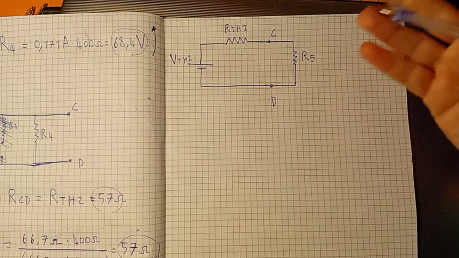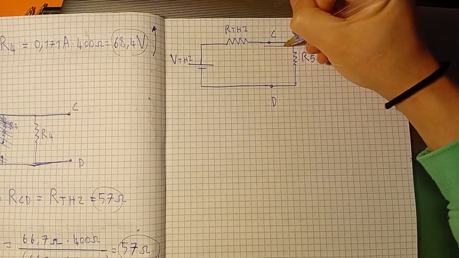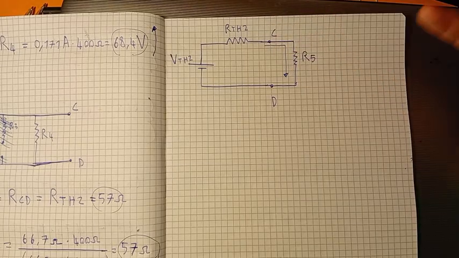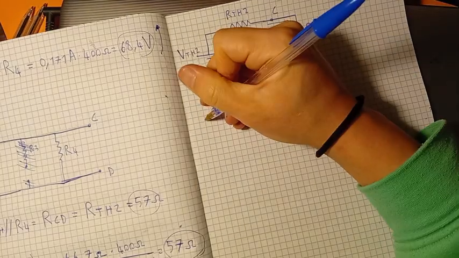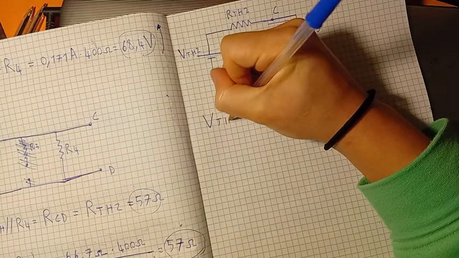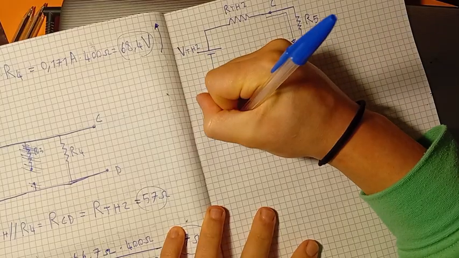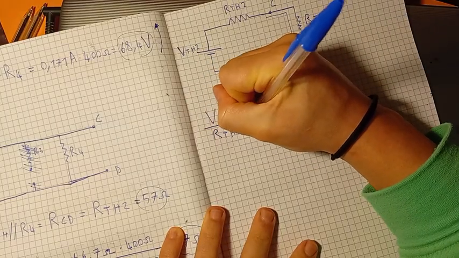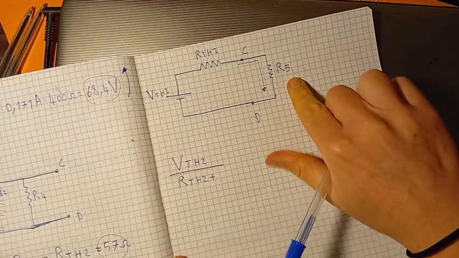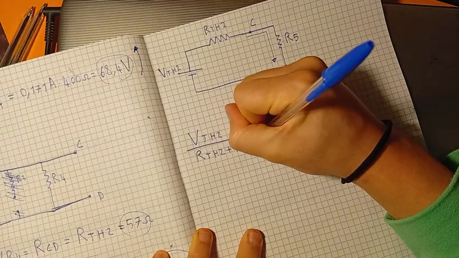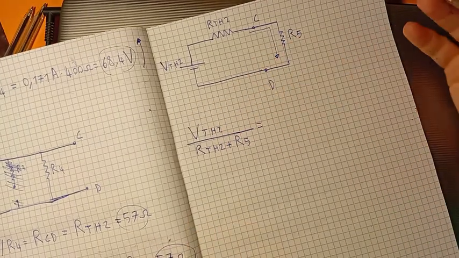So now we have a very, very simple circuit. If we want to calculate the current here, it will be very easy. We just have to do VTH2 divided by RTH2 plus R5.